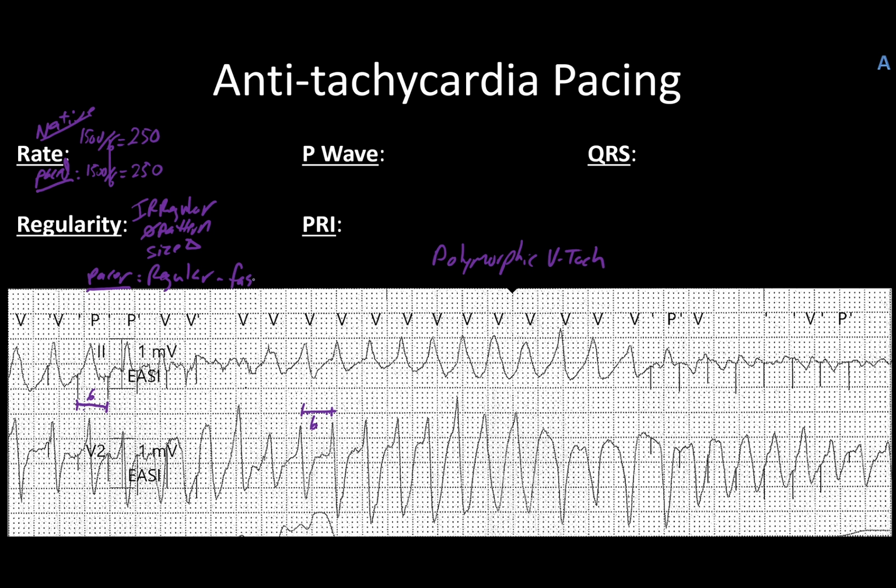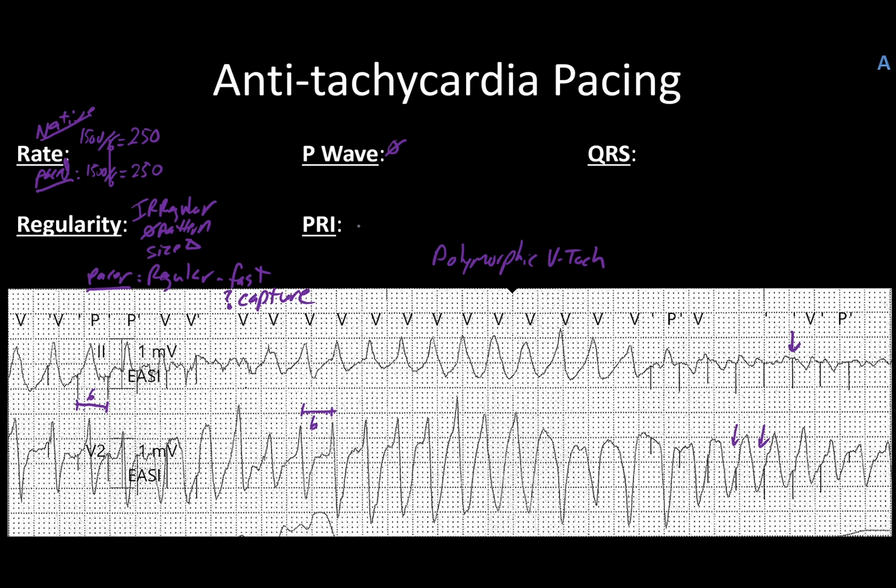It's happening fast. You could raise questions about capture because it's uncertain whether these pacemaker spikes are actually doing anything or causing anything to change, especially when you look down here. Again, it's something you really can't confirm from this surface ECG. You probably need to interrogate to be certain.